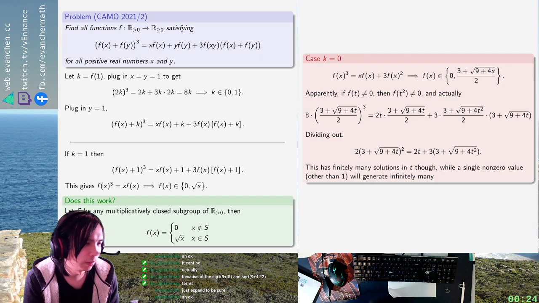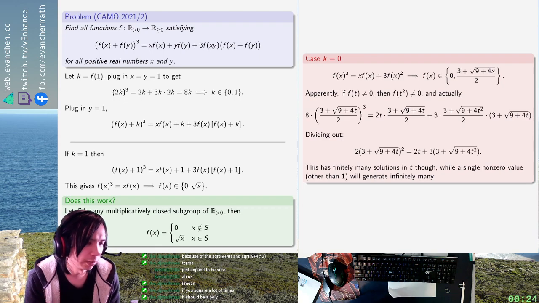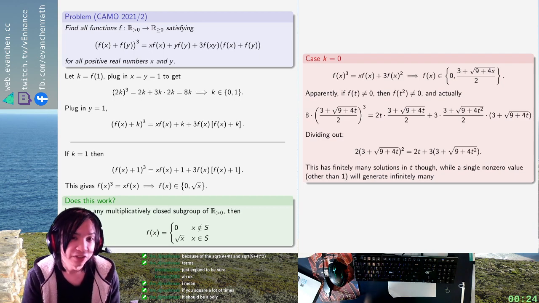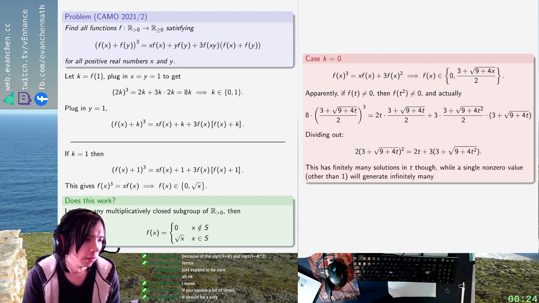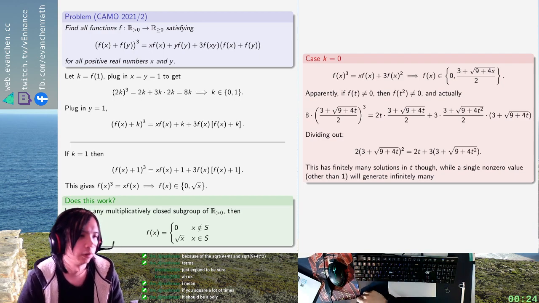yeah, so it's not an identity in t, and so it also can't agree for infinitely many values of t, because when you square a lot of times, you can eliminate the radicals. So it will be some polynomial identity, which is false for infinitely many values. Ergo, it is false for all but finitely many values because it's a polynomial.